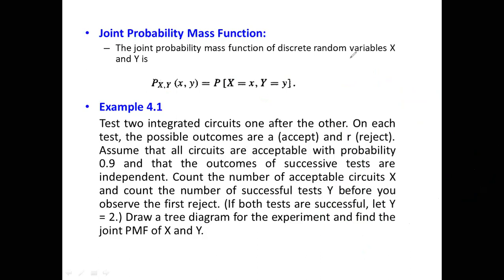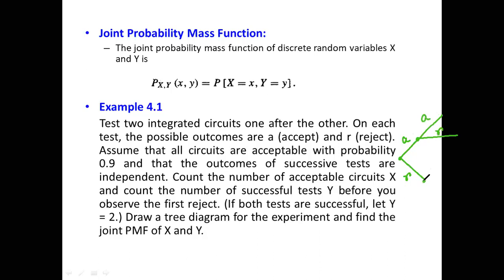Test two integrated circuits, one after another. On each test, the possible outcomes are accept or reject. Assume that all circuits are acceptable with probability 0.9. Before further moving, I want to talk about this: two tests I am talking about, each with accept, reject.